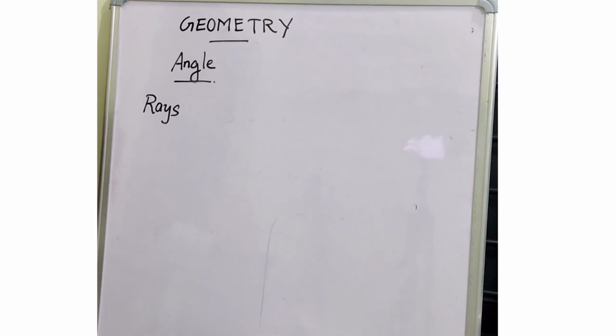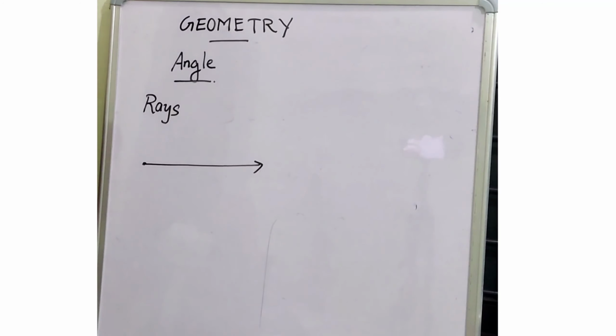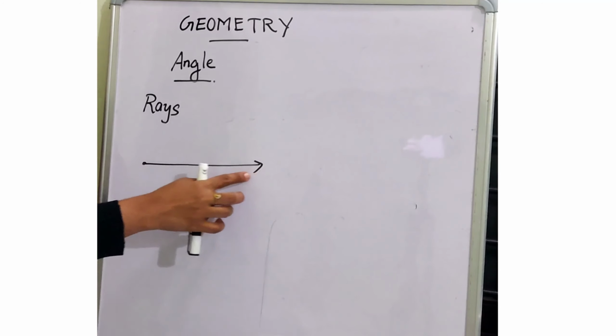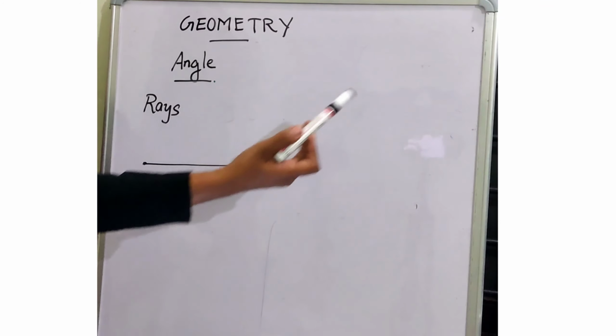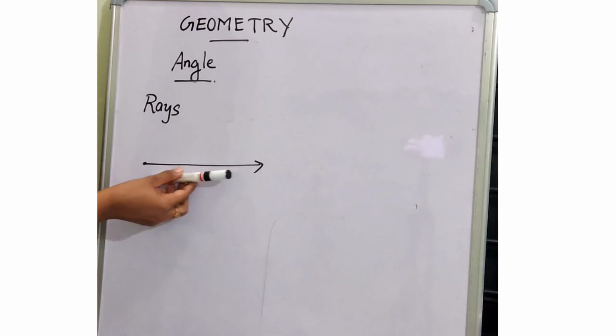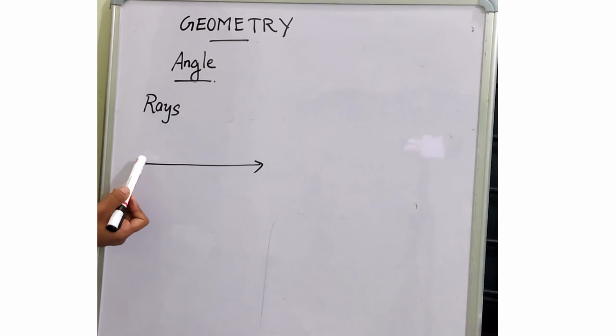Ray means, you can see this is a ray. A ray will have one end point and the other side will not have any end point. It will be going and going, like this. It will not have any end point, but at one end it will have an end point. This is called a ray.